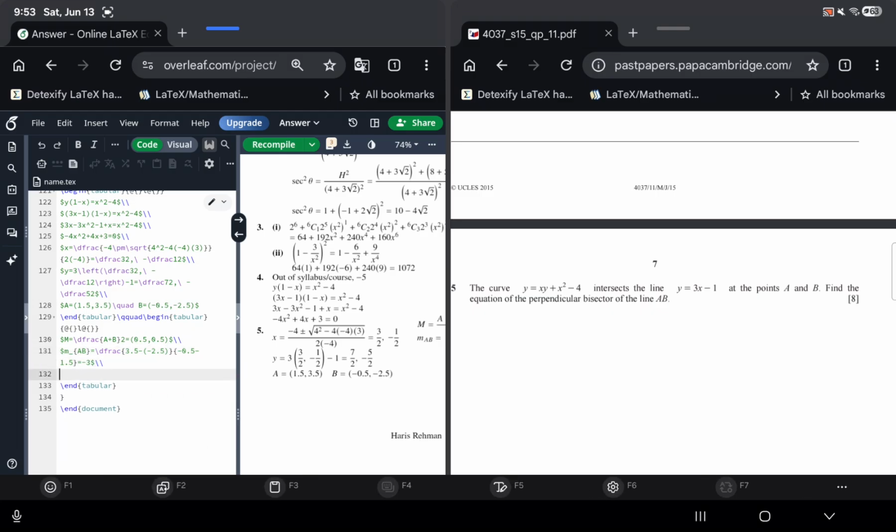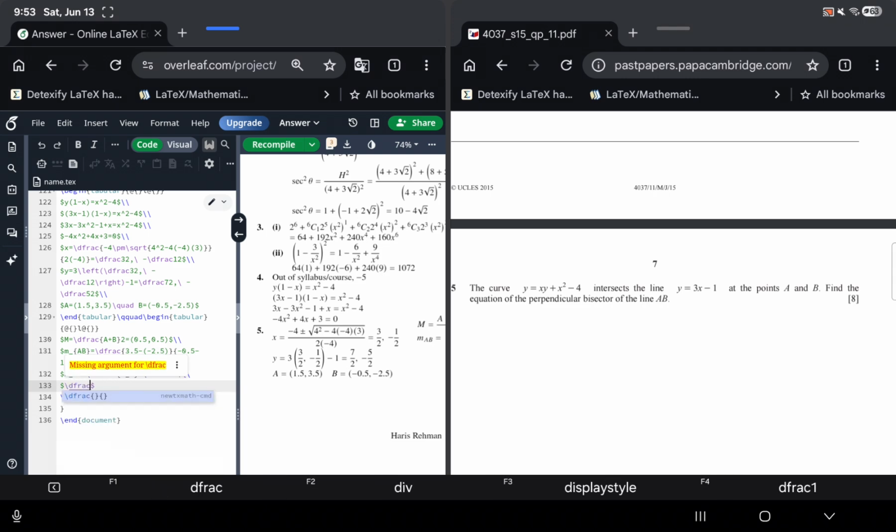Equation of the perpendicular bisector. M2 is equal to the negative reciprocal of M1, which is 1/3. Yes. So the line would be y equals 1/3 x minus 0.5 plus 0.5.